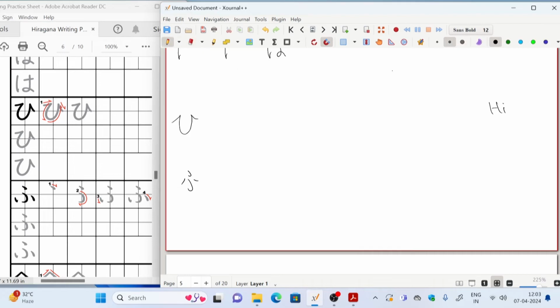Let's do it like the script we have here. You can also write it like this when you are not taking off your brush. And this is read as fu. So we don't have the hu sound. It is fu.